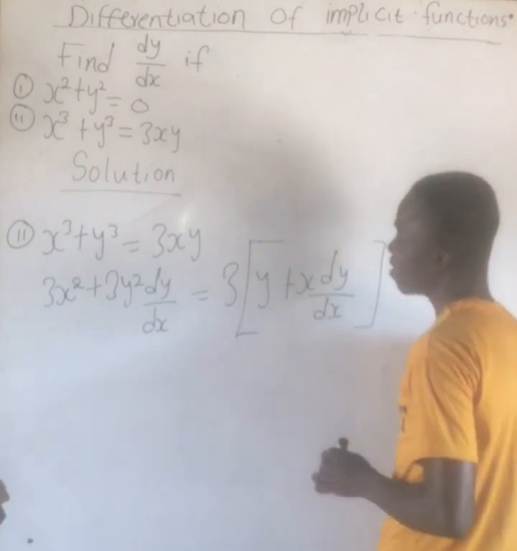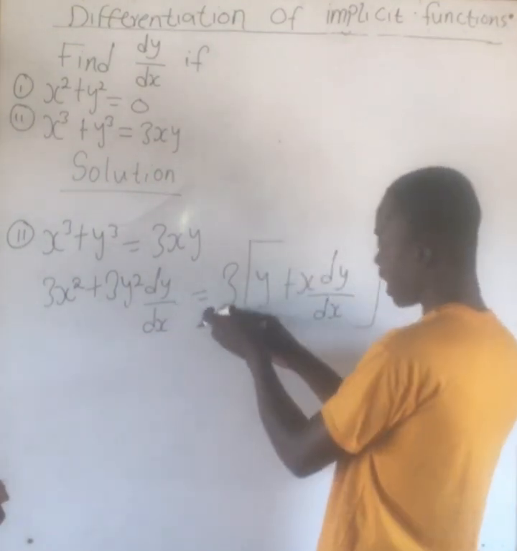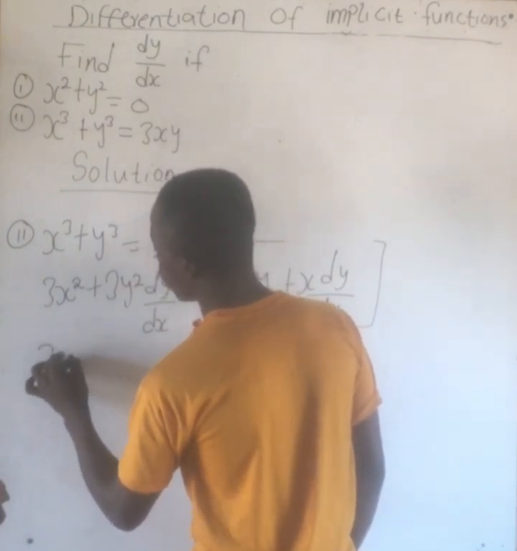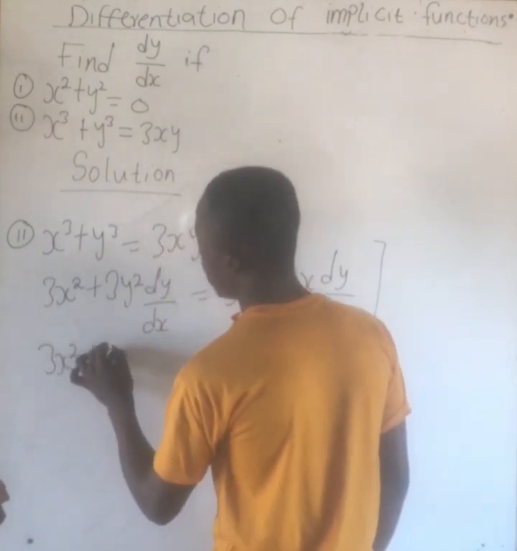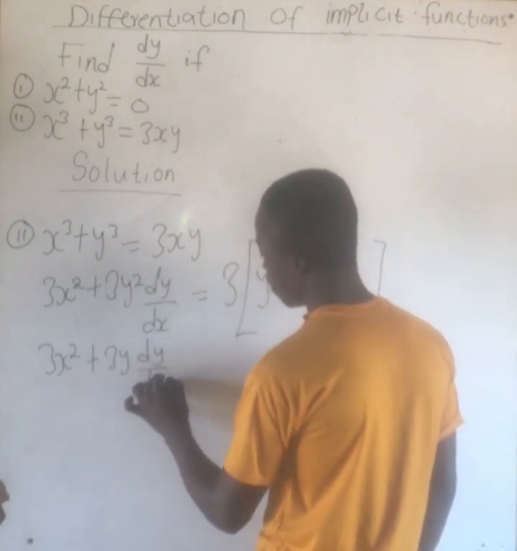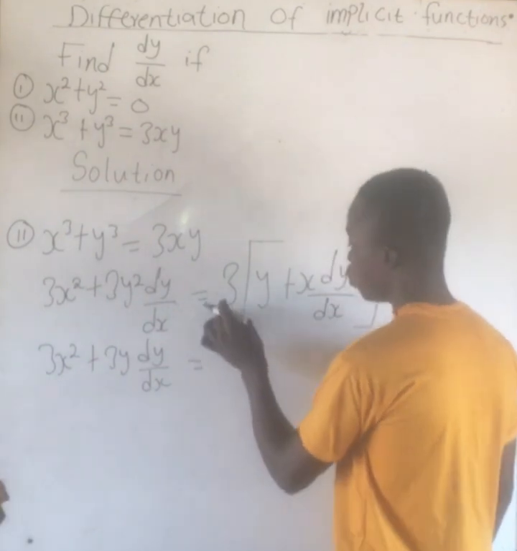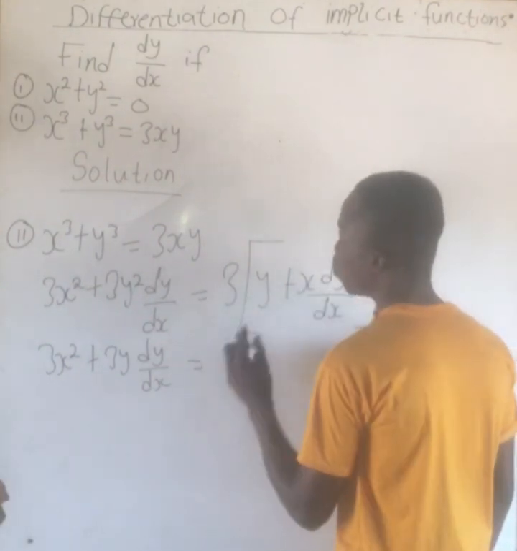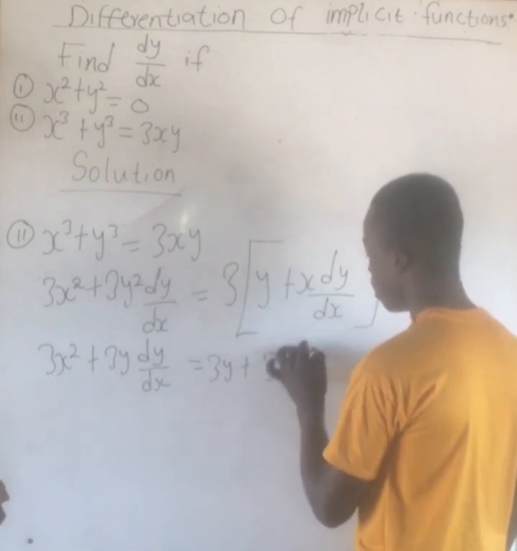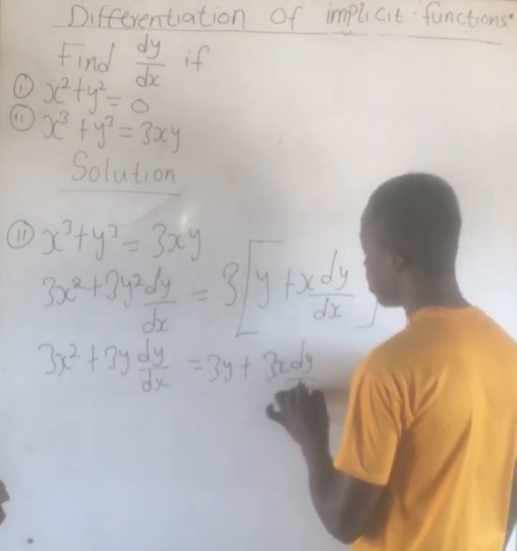So we can now use our 3 and open the bracket. So we have 3x squared plus 3y squared dy over dx equals, using 3 multiplied by this, same time multiplied, so that will be 3y plus 3x dy over dx.